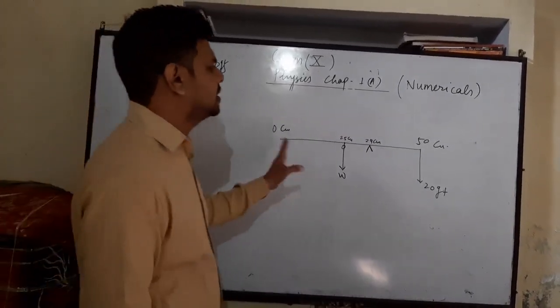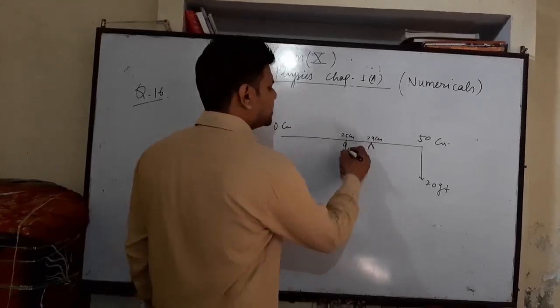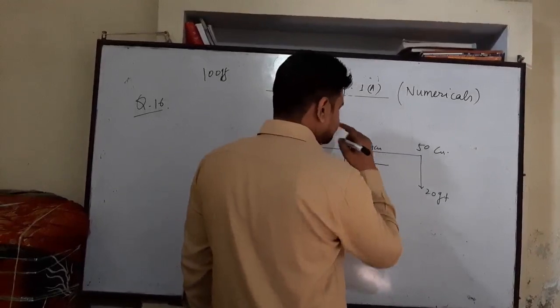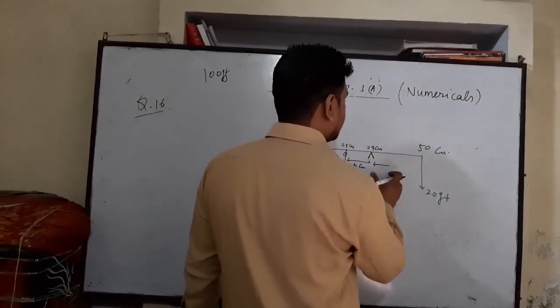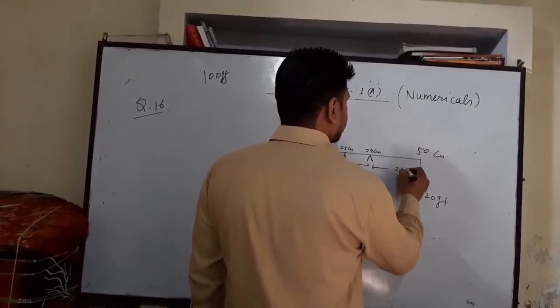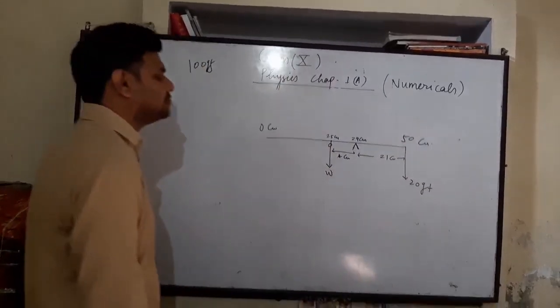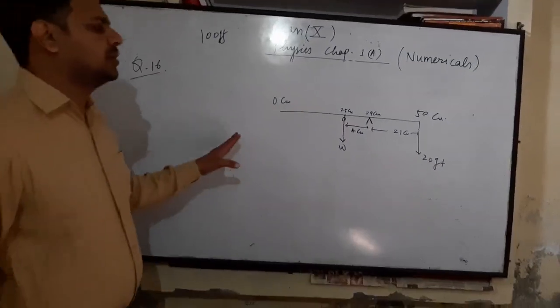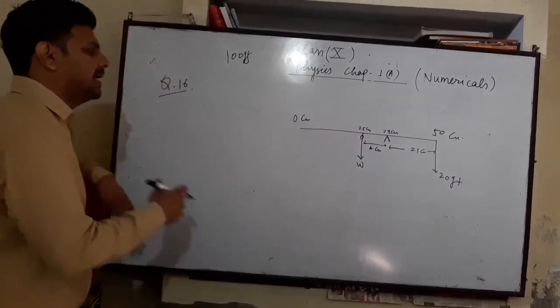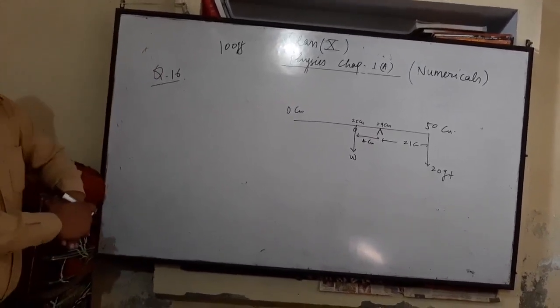Now, in this situation, this rule is in equilibrium. This distance is 4 centimeter and this distance is 21 centimeter. From the principle of moments, anti-clockwise moment should be equal to clockwise moment.